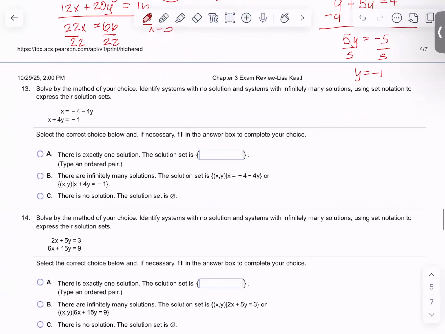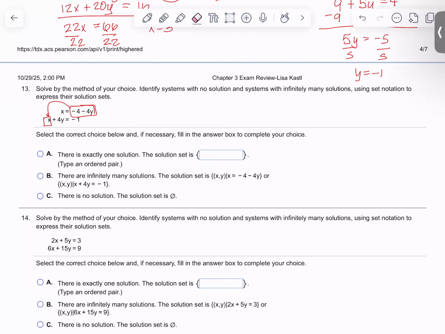Okay, problem 13 is another solve, and it says use any method that I choose. Well, I choose to use substitution. Since this top equation is solved for x, I can replace the x in the second equation with that expression.